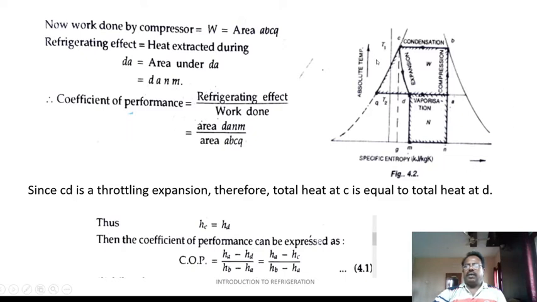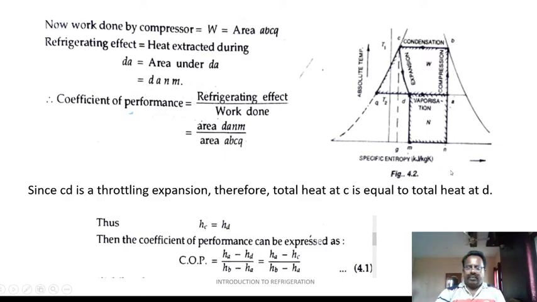Let us discuss what quality of vapor we need to have by applying it on the temperature entropy diagram.